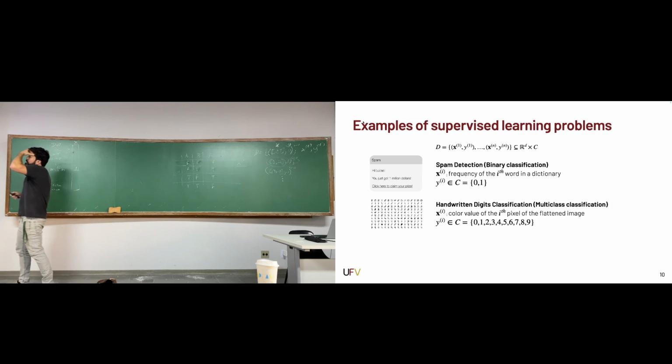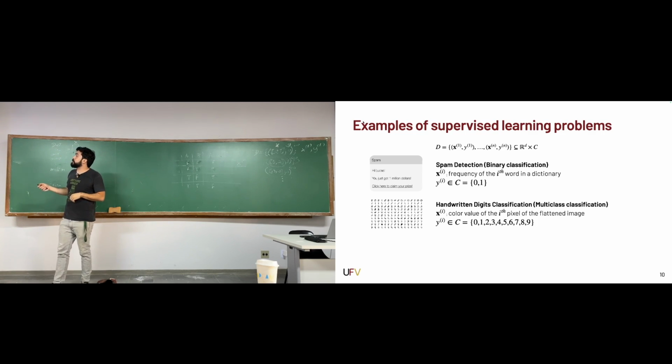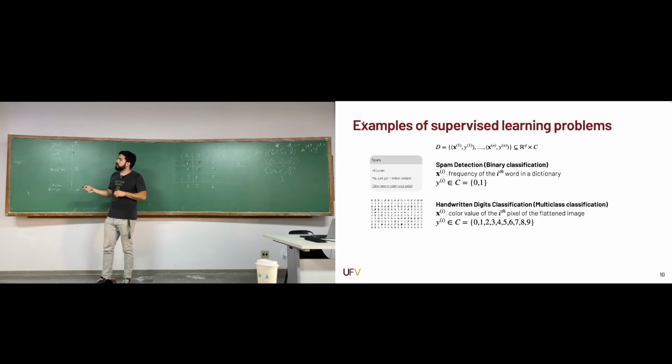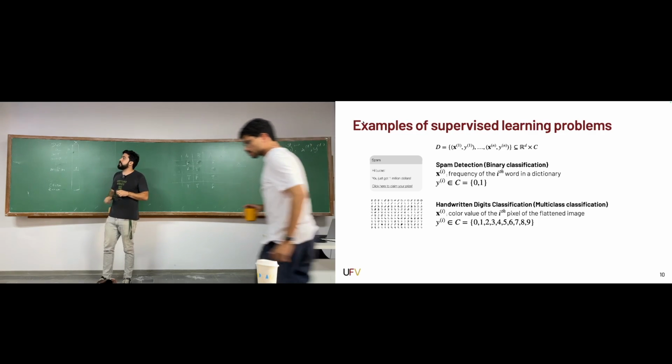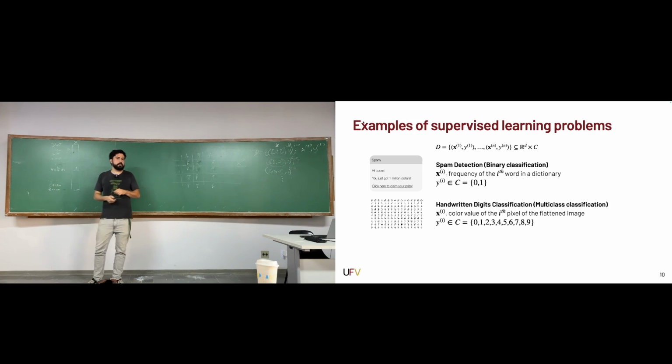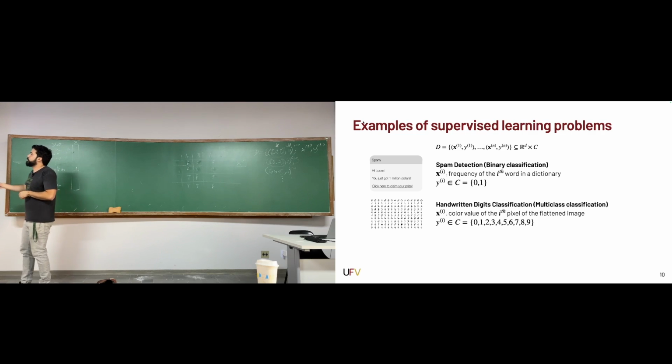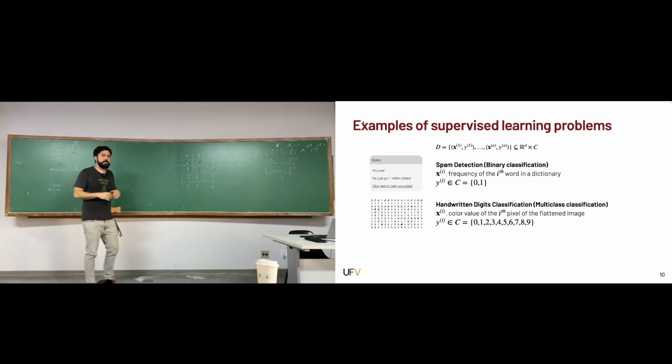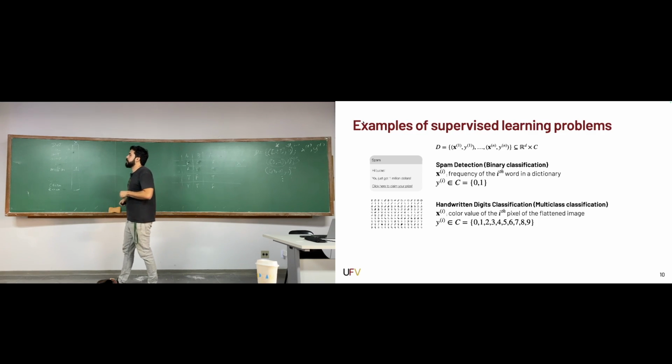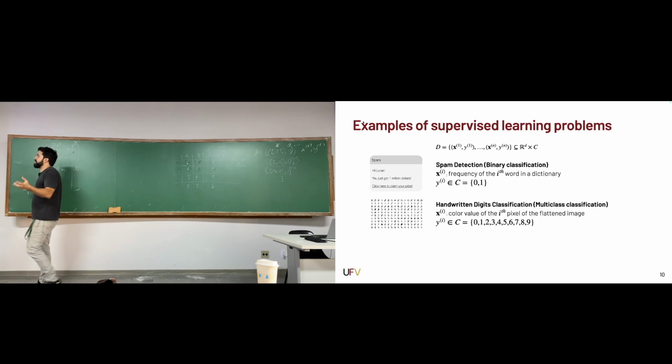Another very classic problem, which I briefly mentioned, is handwritten digits classification. This is also a classification problem because we have a label space C with a finite number of classes. But now we have 10 possible classes, the digits from 0 to 9. We want a data set full of handwritten images of 0s to 9s, and we want to get an image and classify it as one of these labels.